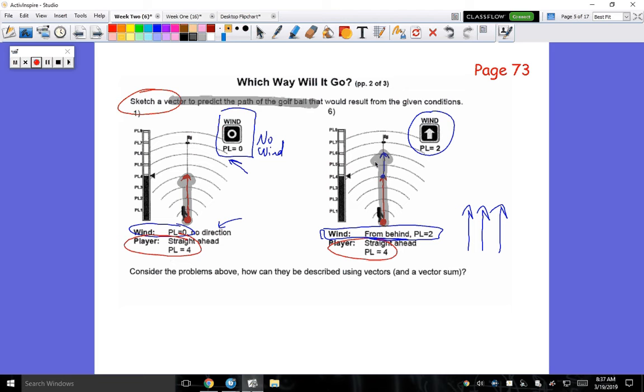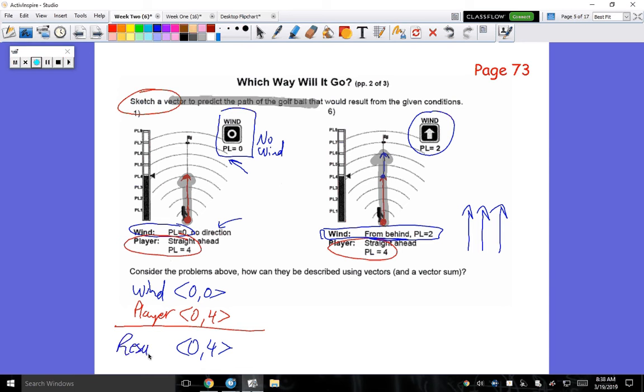You can say that the wind has a vector component of 0, 0, and the player has vector components of 0, 4. If I were to say the wind plus the player, just like I did in the charts in the last video, you just add these straight down and you would get this resultant vector, aka the result. So 0, 4 is, of course, what we highlighted in gray.